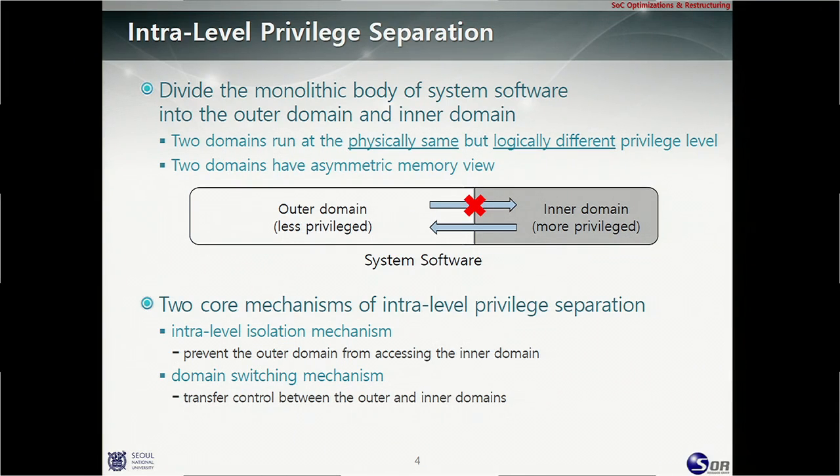At the center of intra-level privilege separation, there are two core mechanisms. First, the intra-level isolation mechanism prevents the outer domain from accessing the inner domain by forcing the asymmetric memory view. Second, the domain switching mechanism allows the two domains to transfer control to each other in a secure manner.